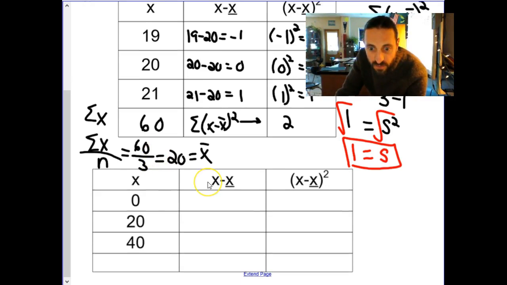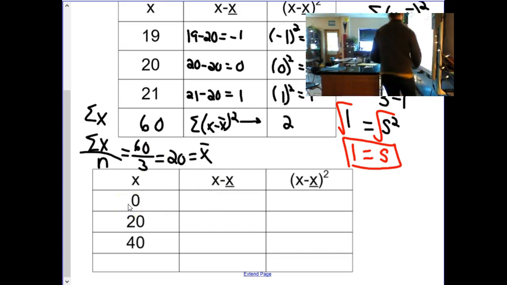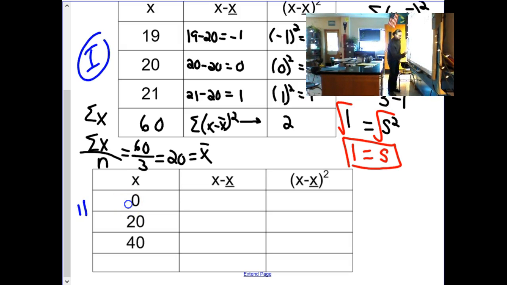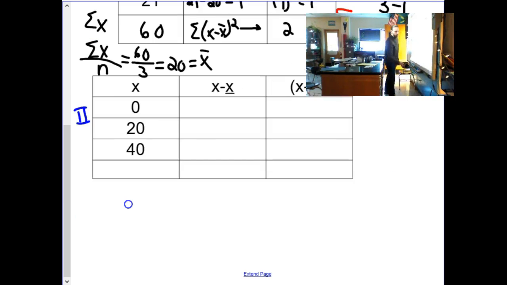So let's go through the other half of this example and calculate it for data set 2. So again, this is data set 1. This is data set 2. Let me extend my page. Here we go. First of all, the sum of x is equal to 60, right?